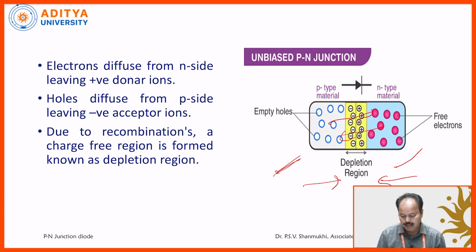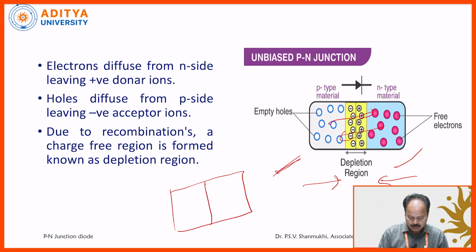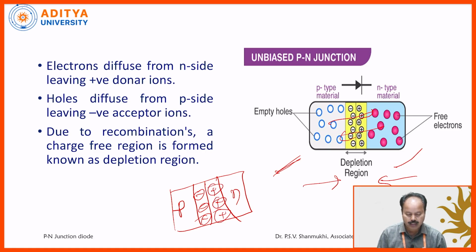So in this p-n junction diode, a depletion region or charge free region is developed here. This is the p-type semiconductor and this is the n-type semiconductor. Here the negative acceptor ions are accumulated, and here the positive donor ions are accumulated.